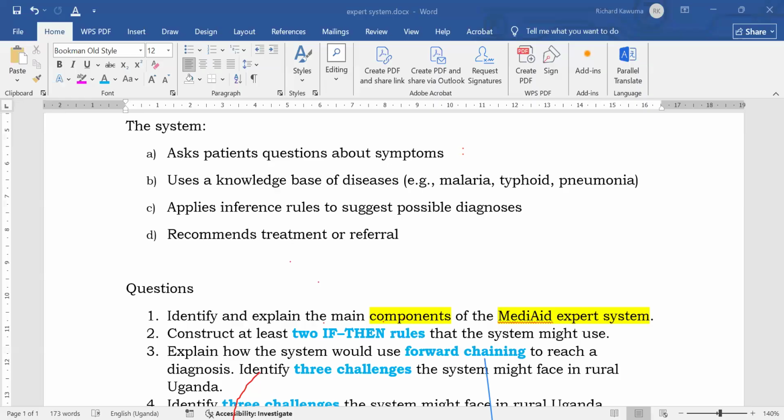Yes, I'm saying inference engine because this is where the solution comes from, according to the knowledge base.